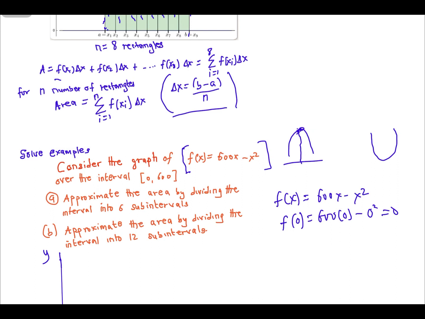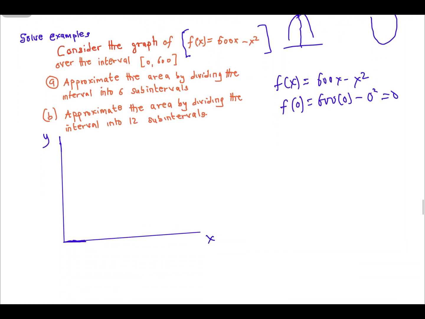The b stands for the end point and the a stands for the starting point. The end point is 600, minus the starting point, which is 0, over the number of subdivisions, the rectangles which we divide into, which is 6, which is n. Therefore, at the end of the day I'm going to get 100.